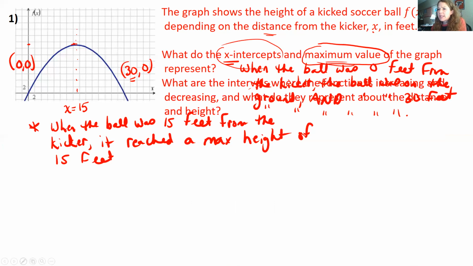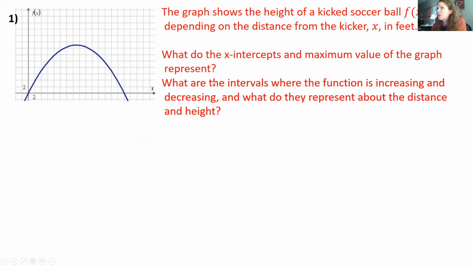All right, what's the next question? It says, what are the intervals where the function is increasing and decreasing? And what do they represent about the distance and height? All right, so when is this graph increasing? Well, increasing means it's going up and to the right, and decreasing means it's going down and to the right, correct?